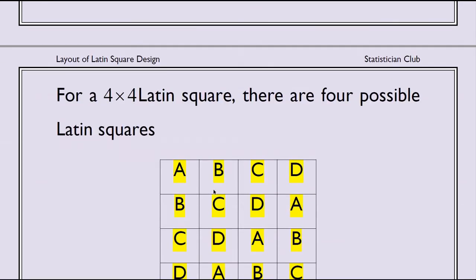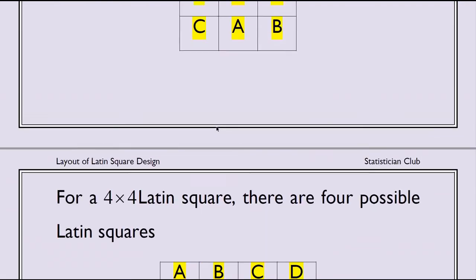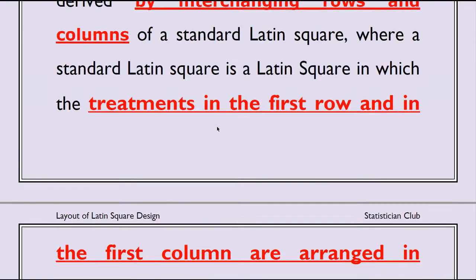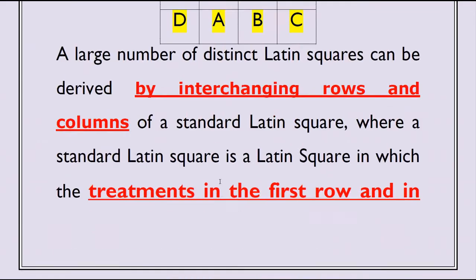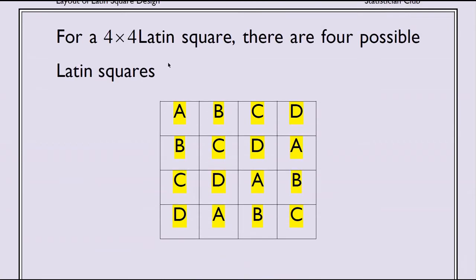For a 4 by 4 Latin square, there are 4 possible standard Latin squares. A, B, C, D. Start the second row from B, C, D, A, and A is last. This is the square as we read from the start. This square is presented here because this is a 4 by 4 Latin square.